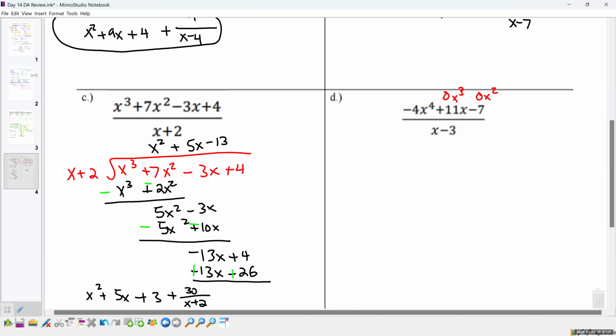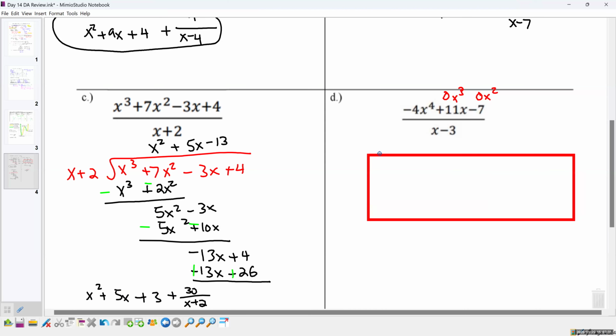One more. Now, I gotta make sure I got all my zeros here. I don't want to mess it up. So I'm dividing x minus 3. Oh, man. So this is going to be negative 4x to the 4th.